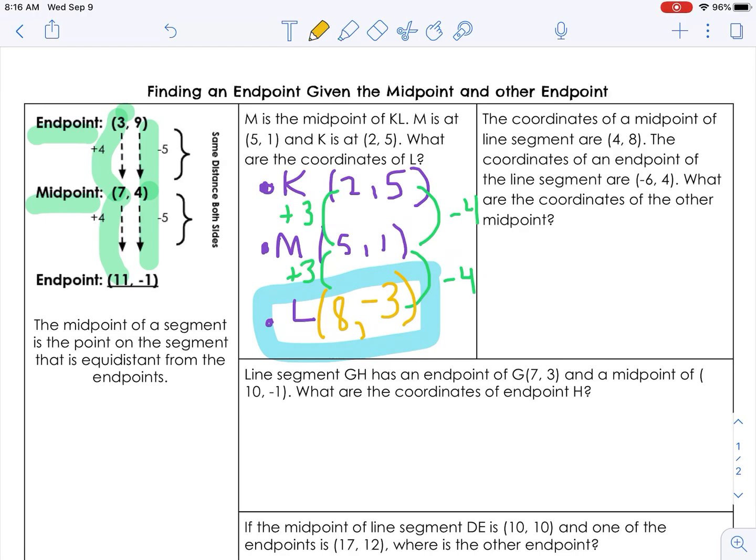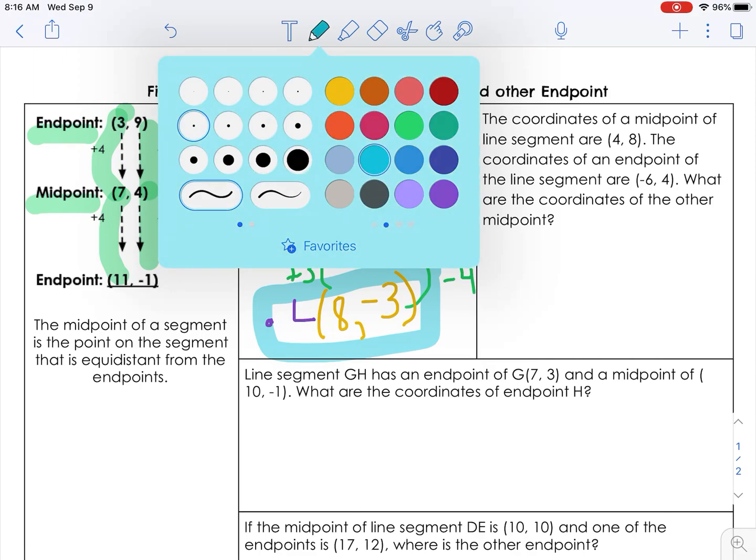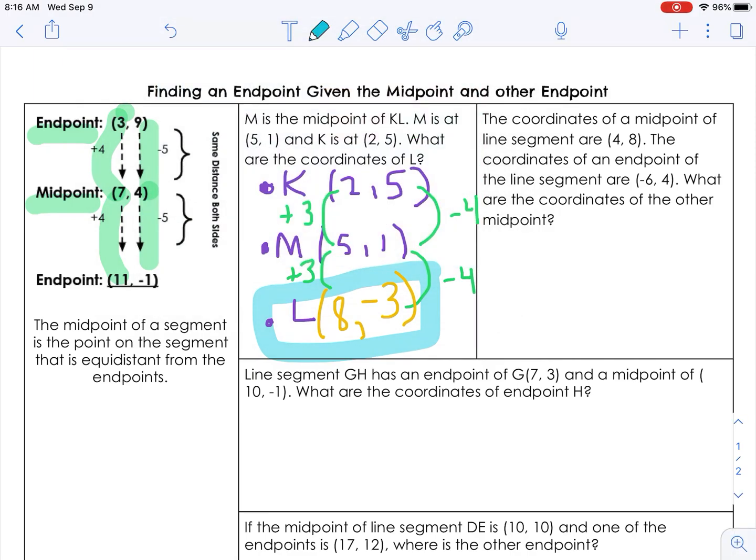All right, next question. The coordinates of a midpoint of the line segment are 4, 8. So we know that the middle is at 4, 8. The coordinates of an endpoint of the line segment are -6, 4. What are the coordinates of the other endpoint?